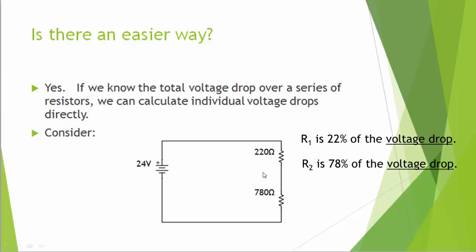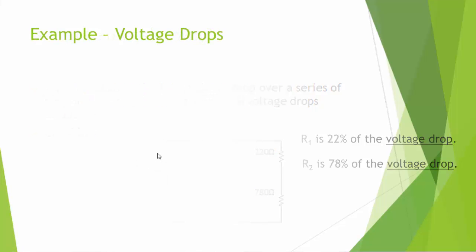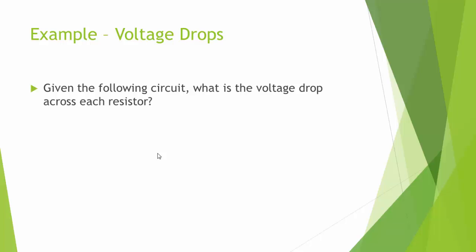And we can just simply do the calculation. 0.22 times 24 volts is about 5.28 volts. And then we could either subtract from 24, getting 18.2, or multiply 0.78 times 24. So we can do those calculations either way.